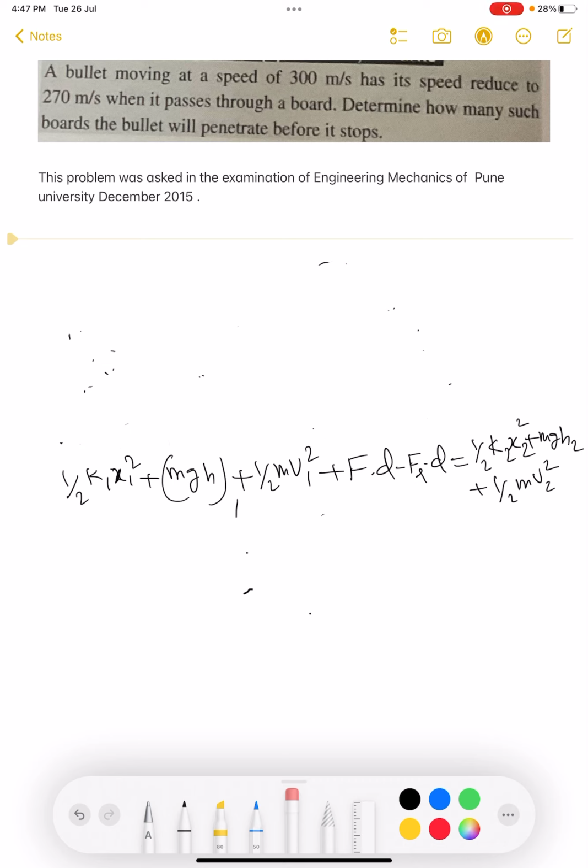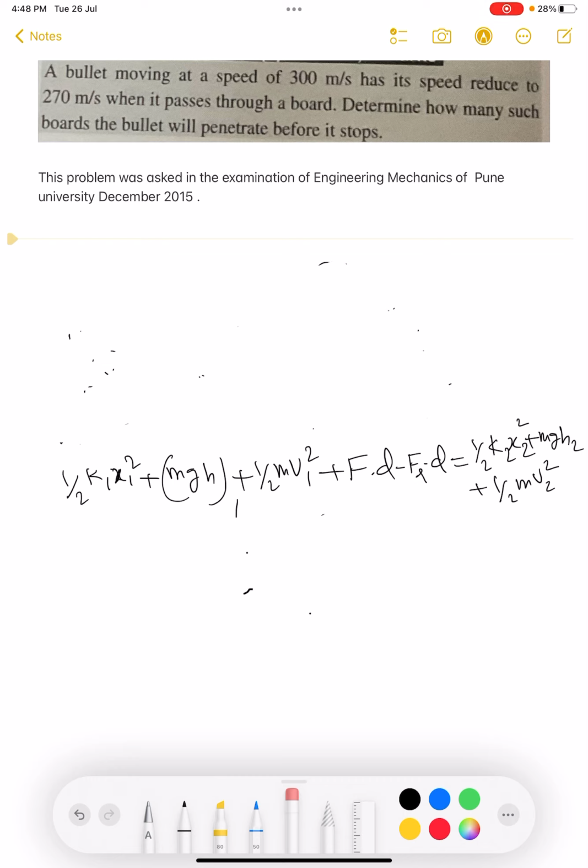There is a bullet moving at a speed of 300 meters per second. A bullet moving at a speed of 300 meters per second has its speed reduced to 270 meters per second when it passes through a board.